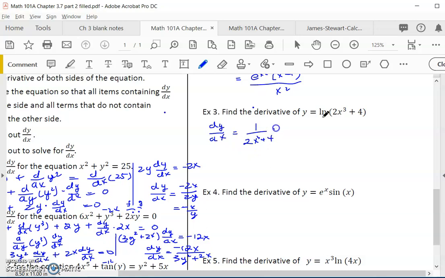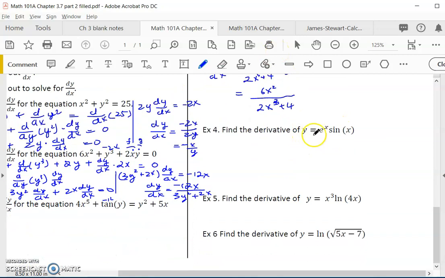And then the chain rule: the derivative of 2x cubed plus 4. The numerator would be the derivative of this, which is 6x squared, and the 4 will become 0, and that's it. That's the derivative of that.